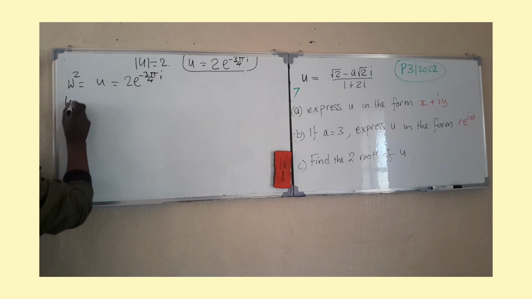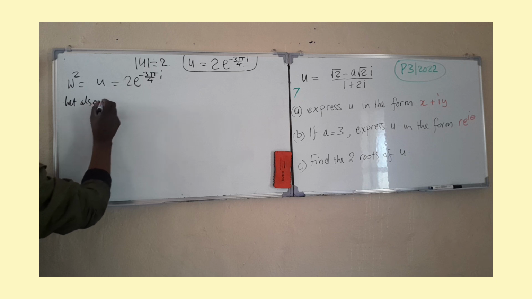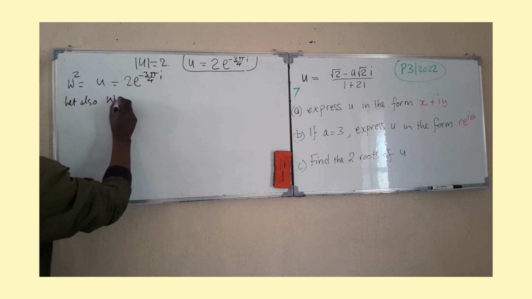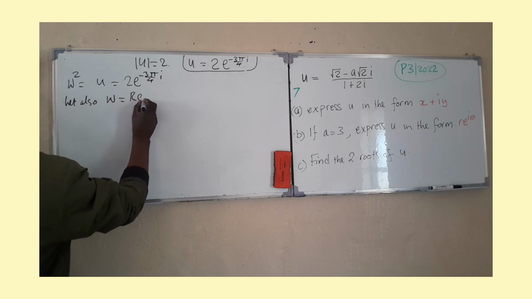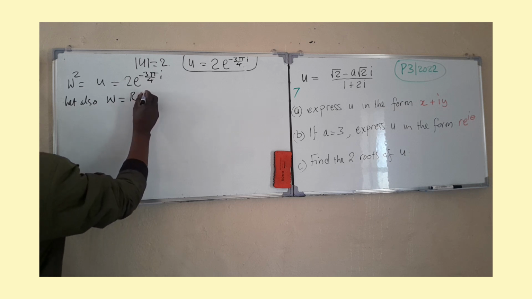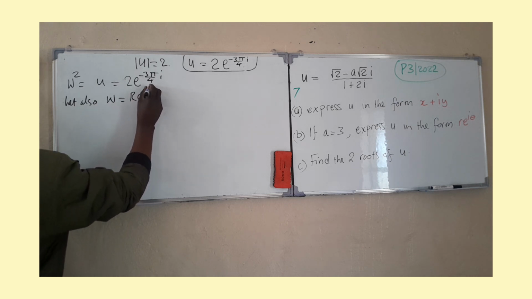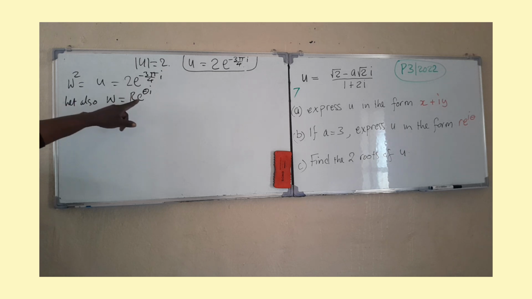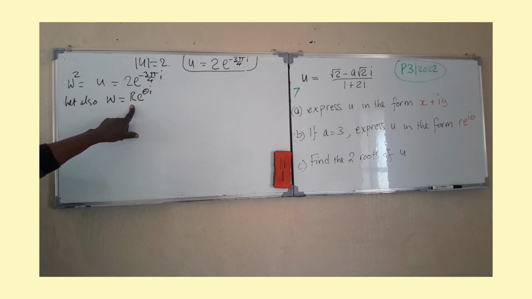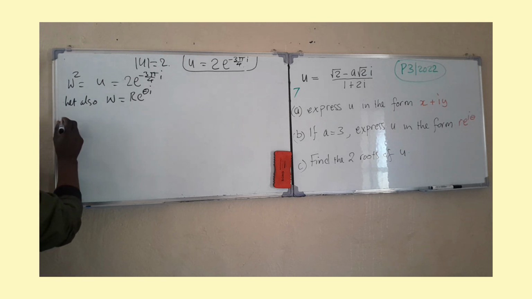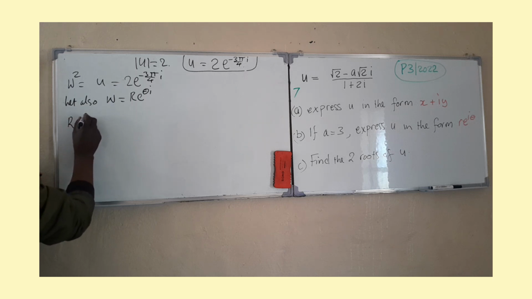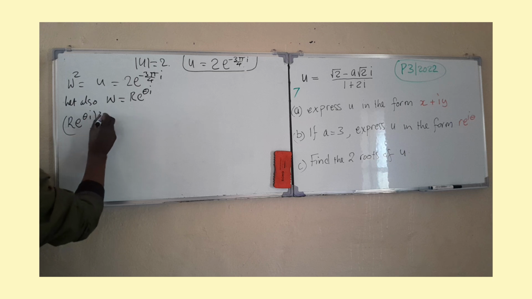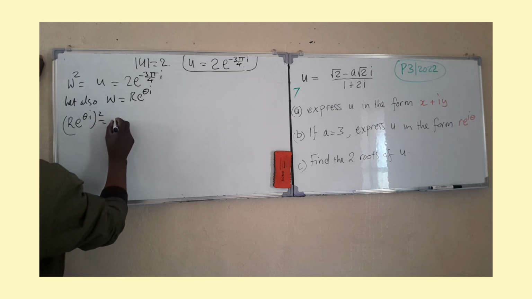Let also w be equal to capital R e to the power i theta, where theta would be the argument of w and R is the modulus of w. So what do we know? We know that w squared is equal to u. So R e to the i theta all squared is equal to u.